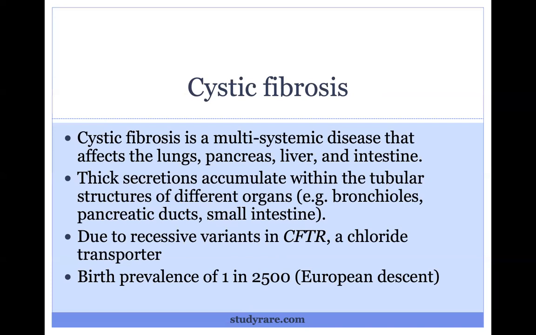Similarly, the exocrine pancreatic ducts, which transmit the enzymes that are important in digestion from the pancreas to the small intestine, can get blocked as well, and patients end up with pancreatic insufficiency. And also in the small intestine, this can manifest as a meconium ileus in newborns, which we'll talk about in a little bit.